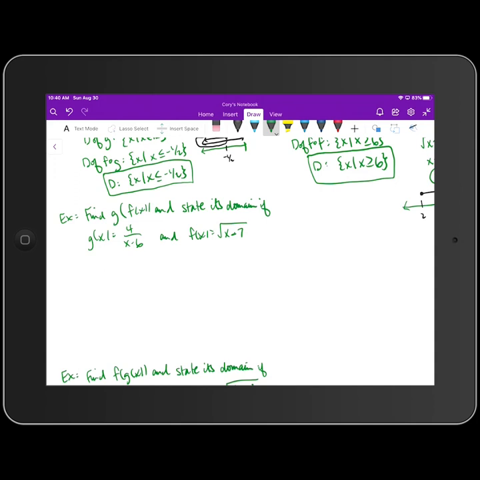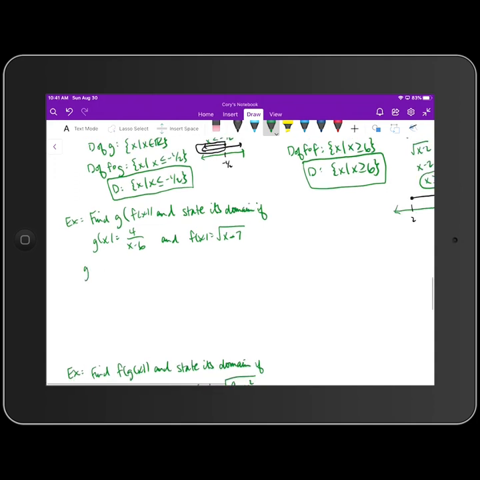Okay, so g composed with f, that's g of f of x, which is g of rad x minus 7. Okay, so that means we're going to plug rad x minus 7 wherever we see an x in the function g, which is going to make 4 over rad x minus 7 minus 6. Okay, so that's our composite function.